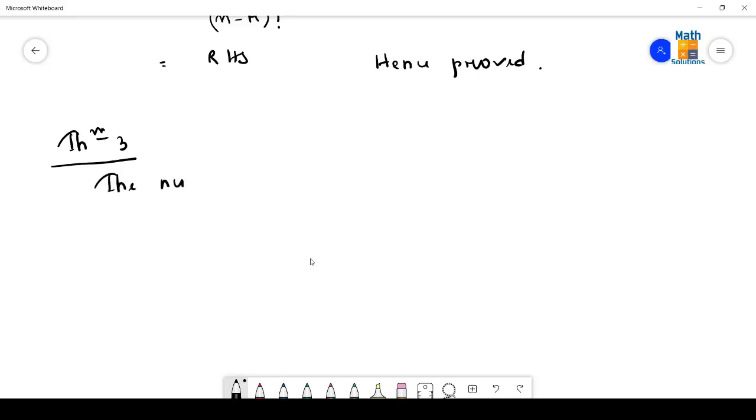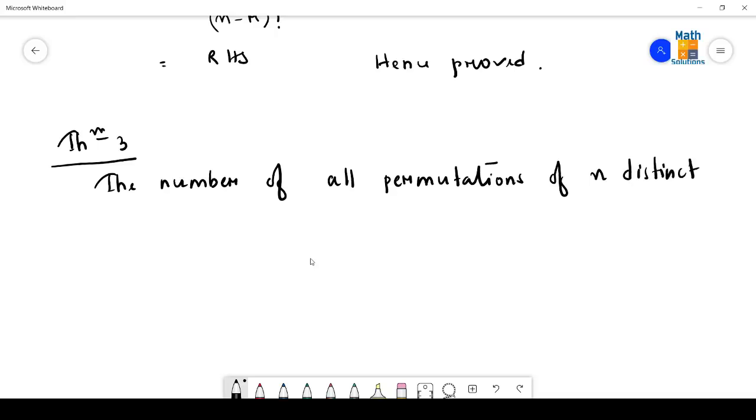The number of all permutations of n distinct things taken all at a time.